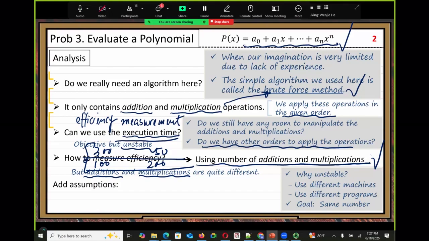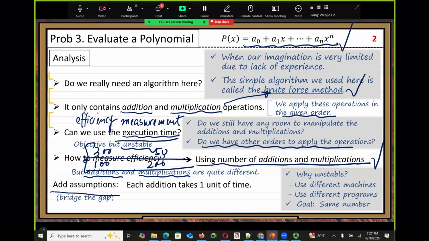So for that reason, we add assumptions to bridge the gap. We know addition is faster than multiplication in a CPU. So how much faster?